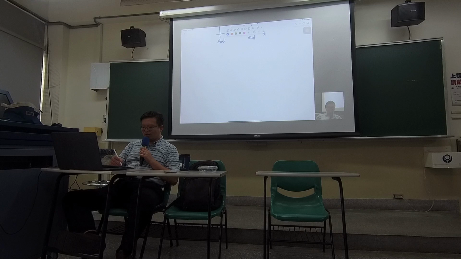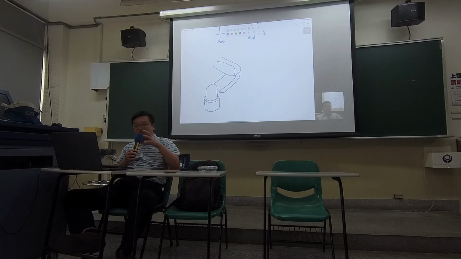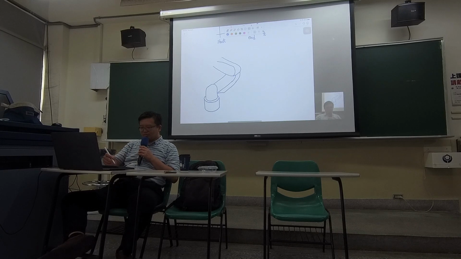Usually you have a bottom, maybe there's a case, so maybe it looks like this. Usually there's a thickness here, and then you have another part. So there's geometry, and usually there's another portion here.